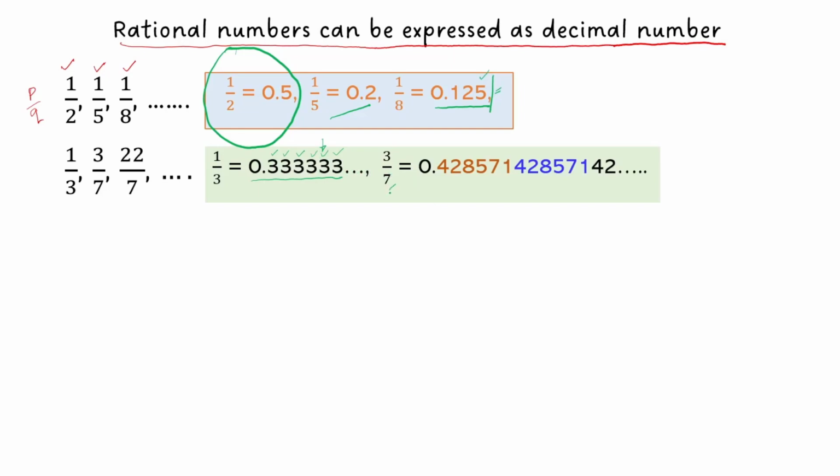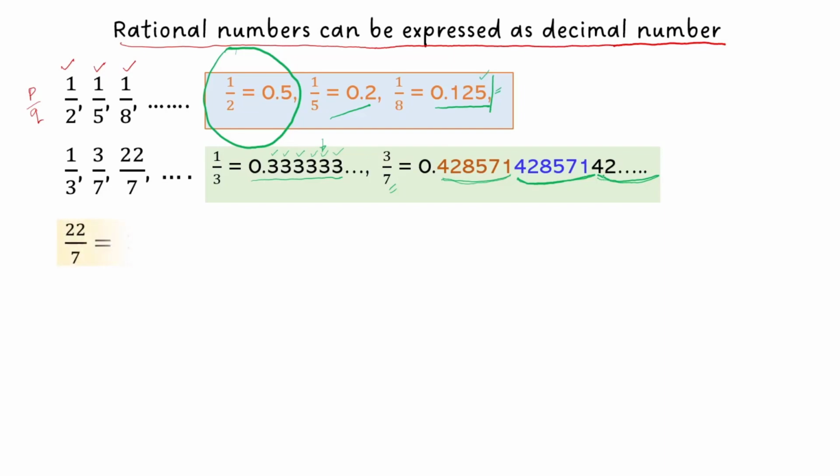Similarly, 3 upon 7 is equal to 0.428571, then again 428571. This pattern is repeated and will go on repeating infinitely. So this is also a non-terminating decimal and the pattern is repeated again and again.